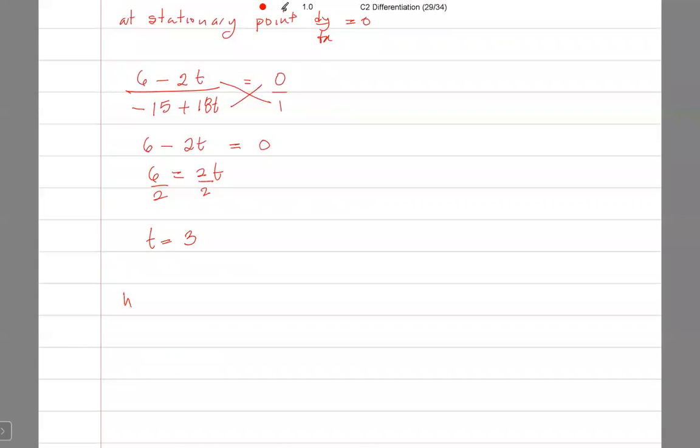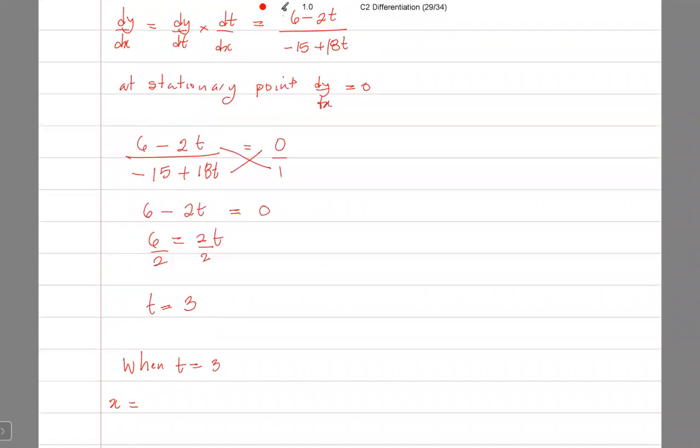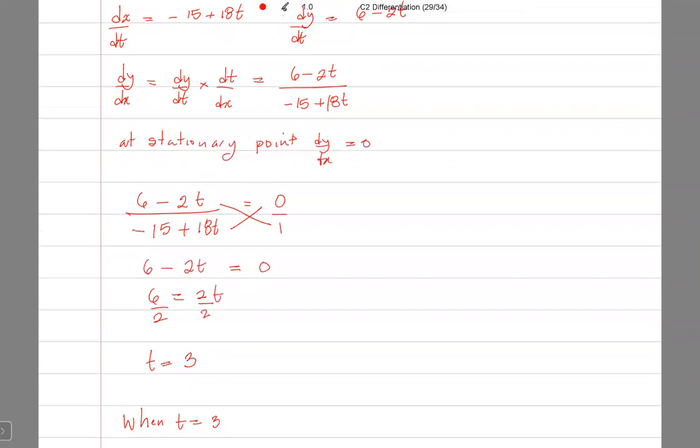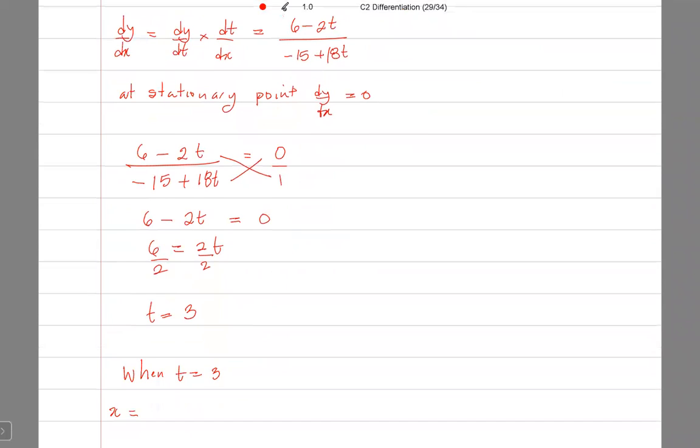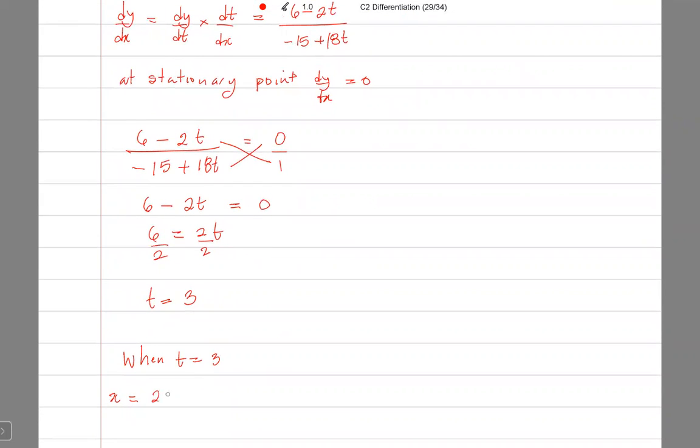So at the stationary point, t is equal to 3. So now when t is equal to 3, x would be equal to, so x is 25 minus 15t plus 9t squared. So it's 25 minus 15 times 3, plus 9 times t squared, which would be 3 squared.